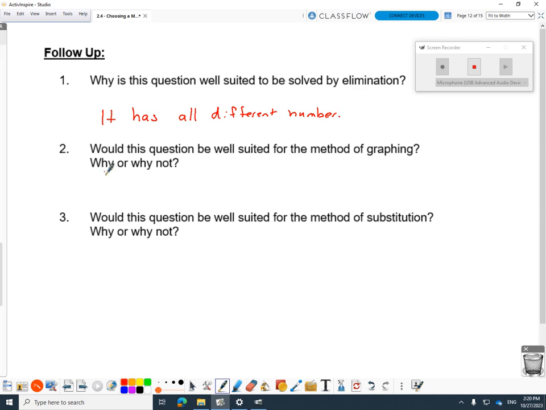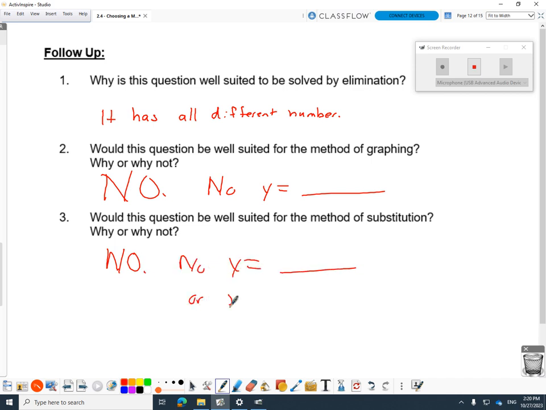No. No y equals, and not just no y equals, it would be difficult to make y equals. Would it be good for substitution? No. No y equals or x equals. And it would be difficult to do it. Those would be some words maybe I should have added on there. It wouldn't be easy to do it.